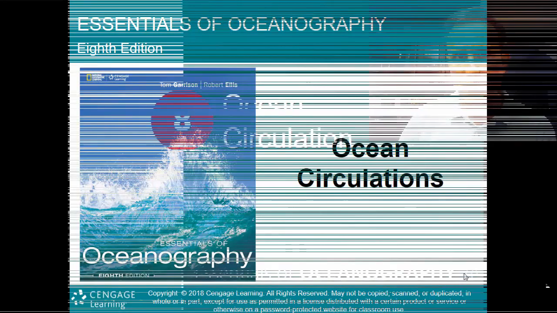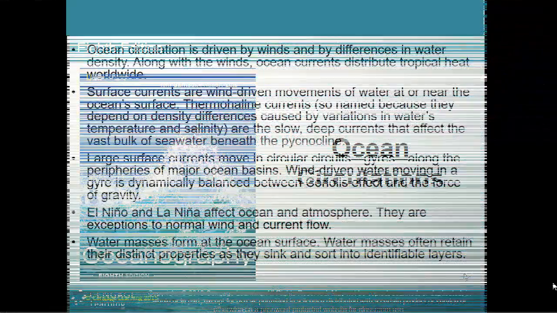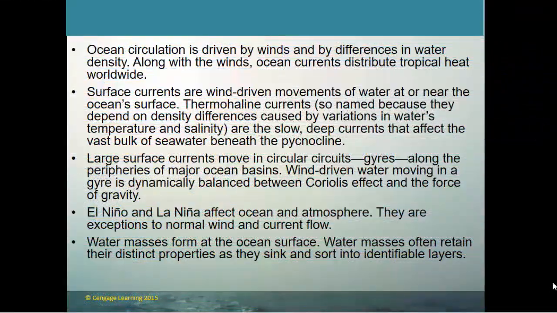We'll start out with our main concepts. First, ocean circulation is driven by wind and the differences in water density. Second, surface currents are wind-driven movements of water, but also driven by density differences between temperature and salinity.